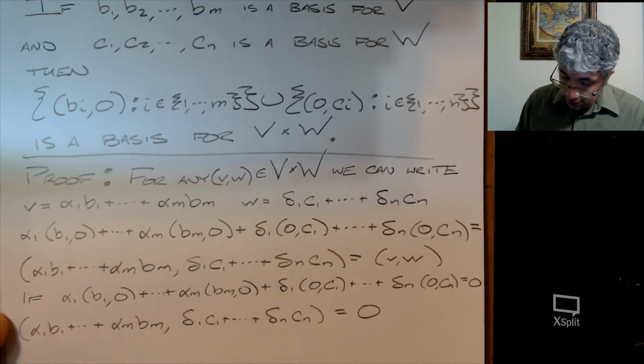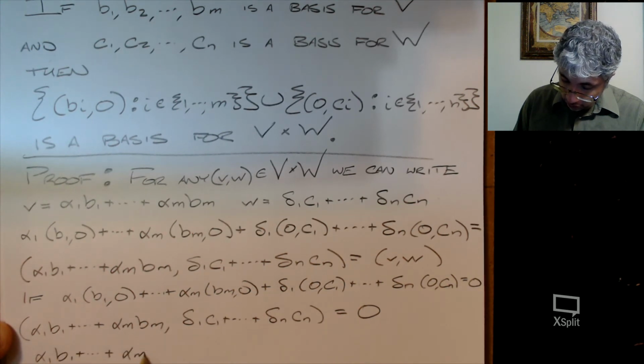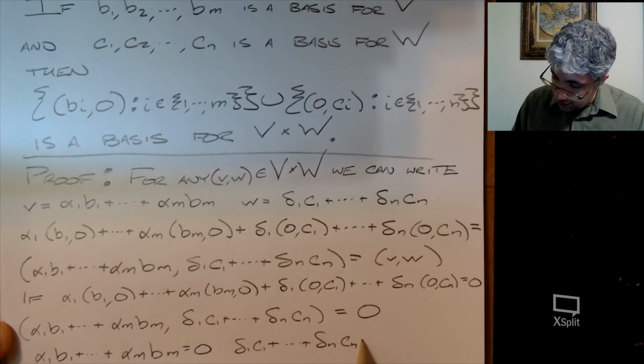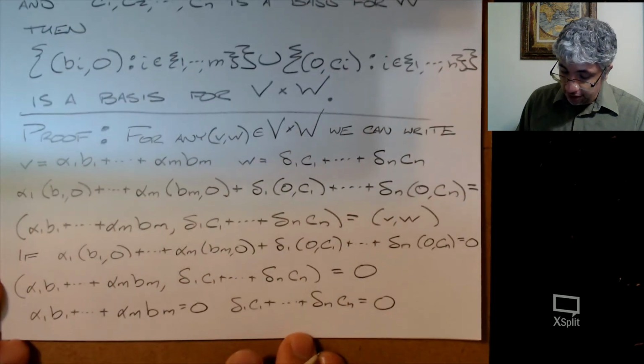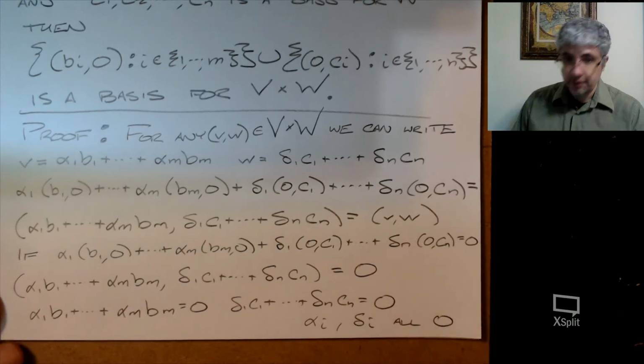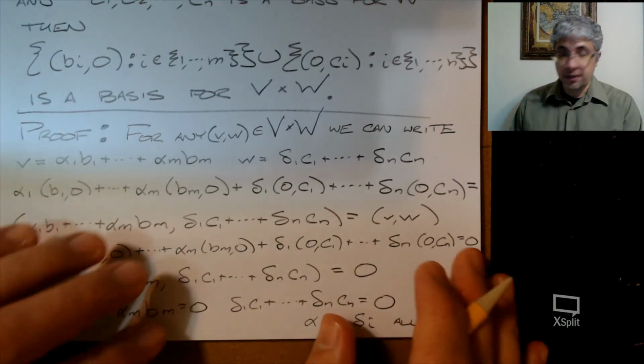Well, what does that mean? The only way that this is going to give me that (0, 0) is if I have alpha 1 B1 plus alpha m Bm is 0 and delta 1 C1 plus delta n Cn is 0. And since these are both bases, I know that all alpha i and delta i are 0. So that shows independence.